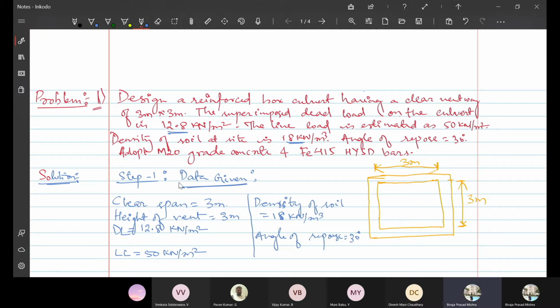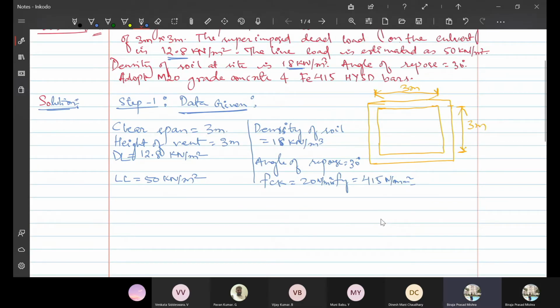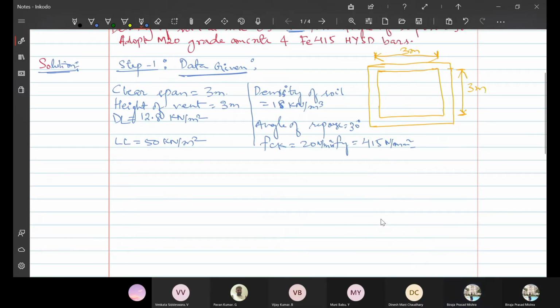And the grade of concrete and grade of steel is this one, so we can write directly fck equals 20, fy equals 415 Newton per mm square. Okay, that's it. This is the data given.